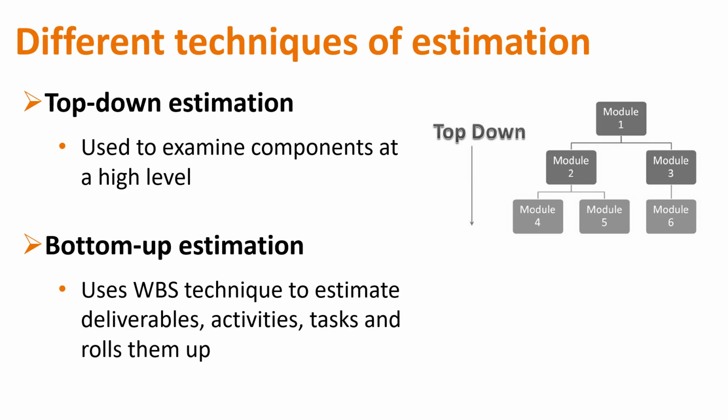We take all those tasks down, we break down the tasks, and we break down the features, and we estimate them at the lowest level, and then we add them all up. That's bottom up. That's a lot more accurate.